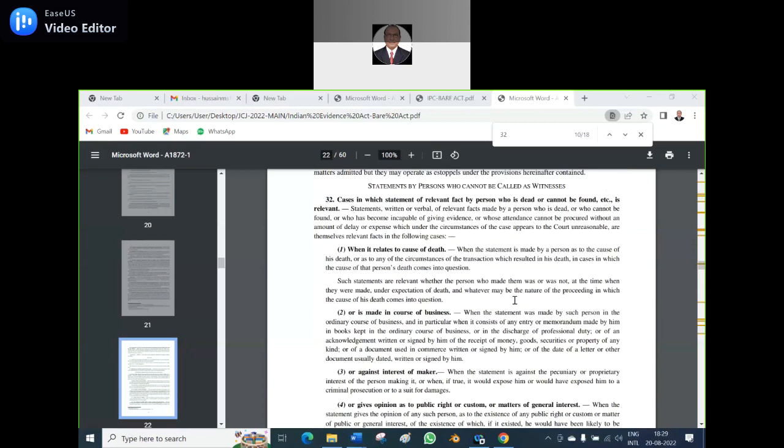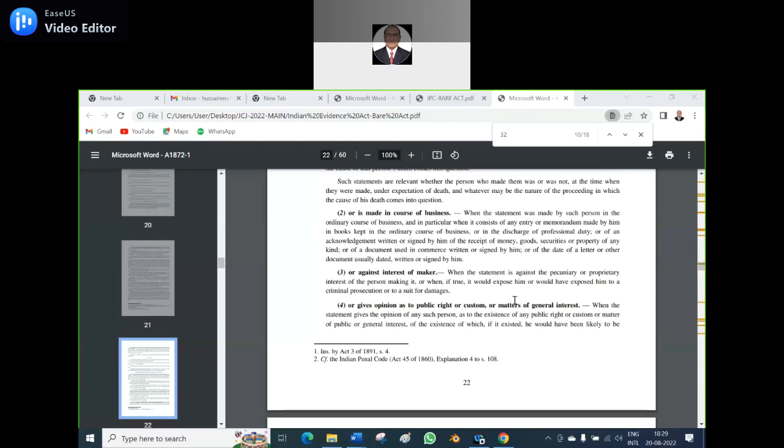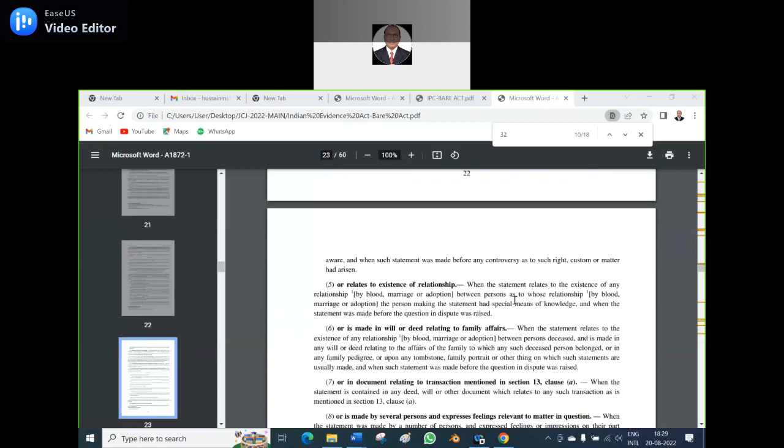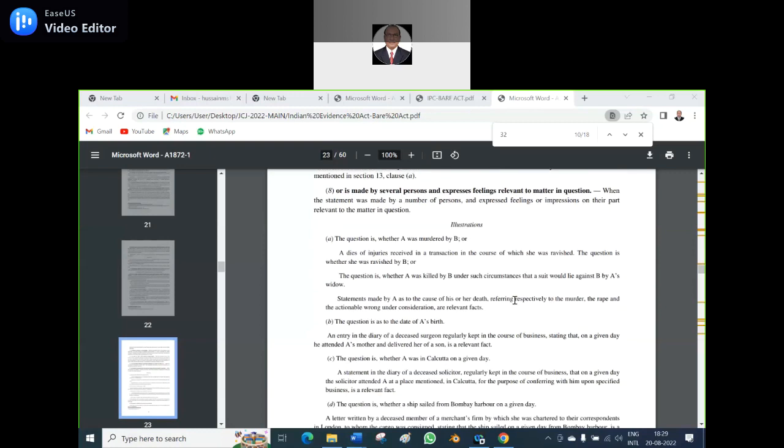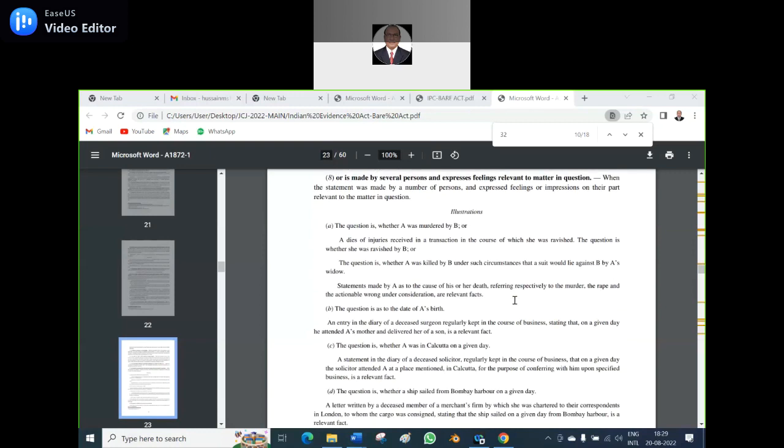So section 32 clause 1 says about the dying declaration of the Indian Evidence Act. And again there are clause 2, clause 3, clause 4, clause 5, clause 6, clause 7, clause 8, total eight. So we will read it as clause 8.